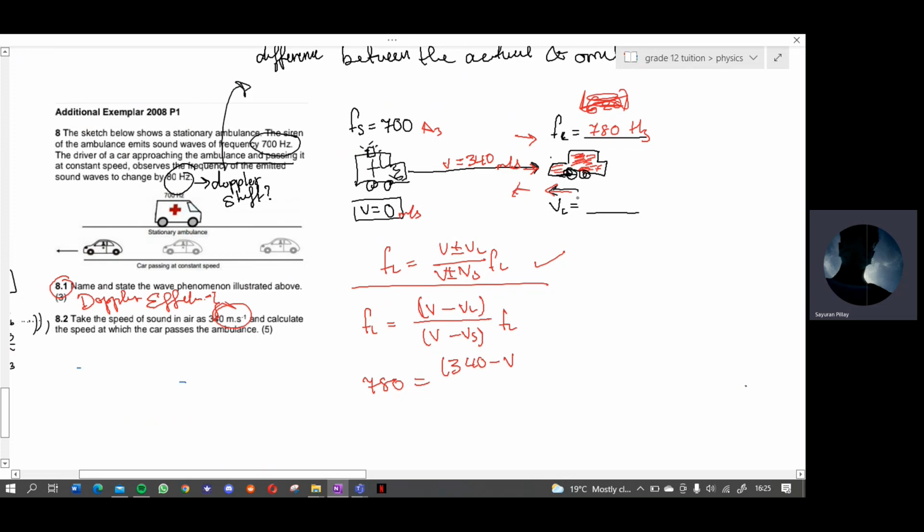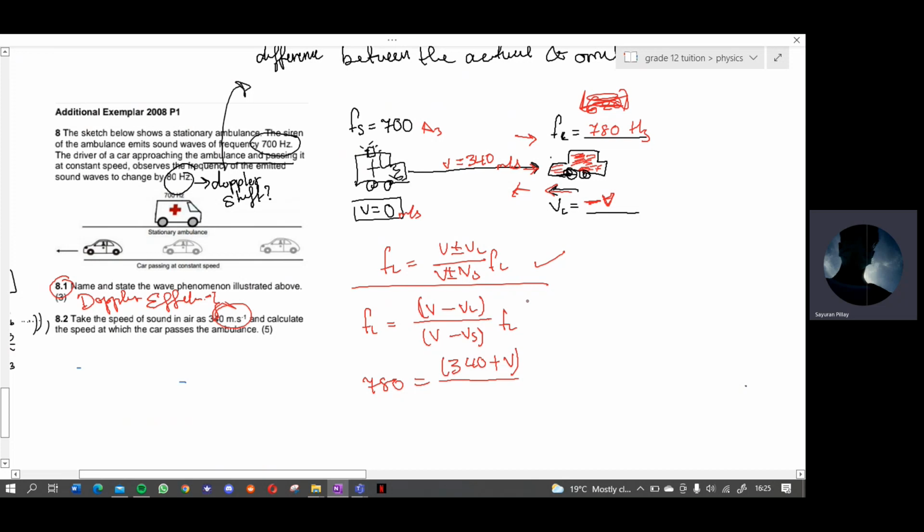Because it's in the opposite direction, we take it as a negative value. So I'm going to call it negative v. So 340 minus negative v is going to be 340 plus v, right? That's an important point to consider.